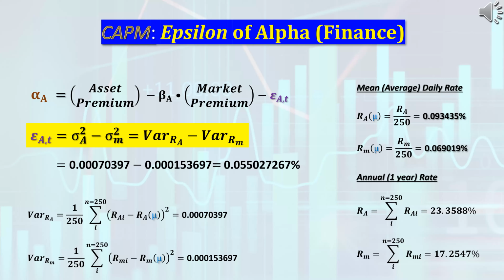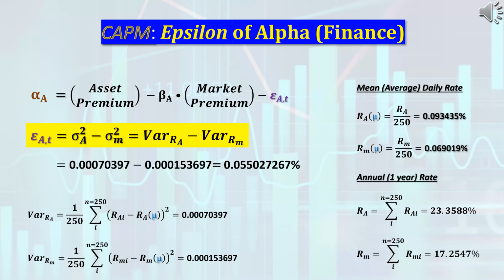The discussion next considered the alpha calculation, specifically the epsilon of alpha. Epsilon is the sigma squared, which is the square of the standard deviation with respect to an asset, minus sigma squared with respect to the market. However, the square of the standard deviation is the variance. Therefore, epsilon becomes the variance with respect to an asset minus the variance with respect to the market.